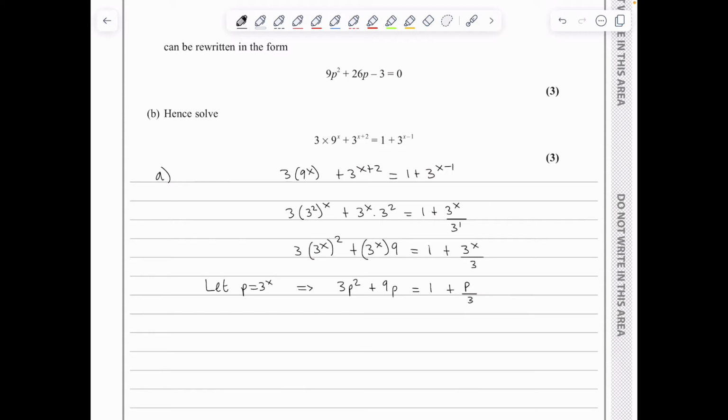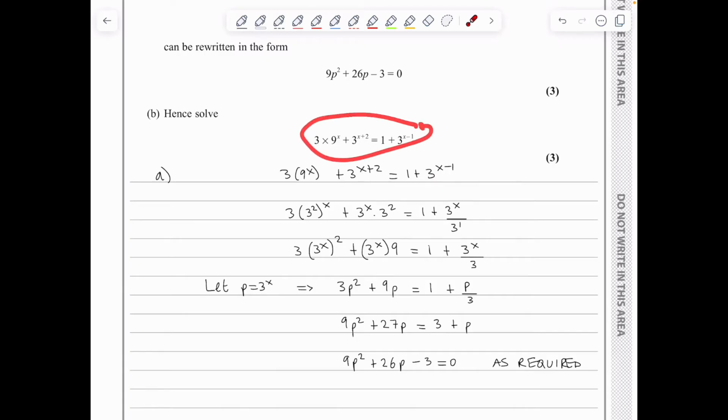I will multiply throughout by 3 to get rid of the denominator of 3. So 9p squared plus 27p is 3 plus p. And I will collect everything on the left hand side to give me 9p squared plus 26p minus 3 is 0 as required.